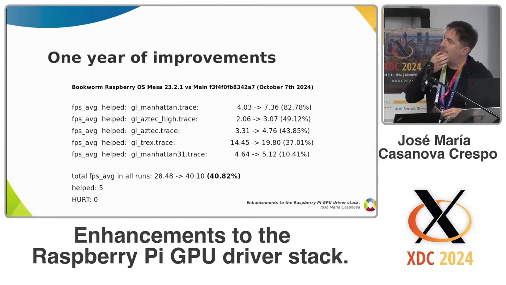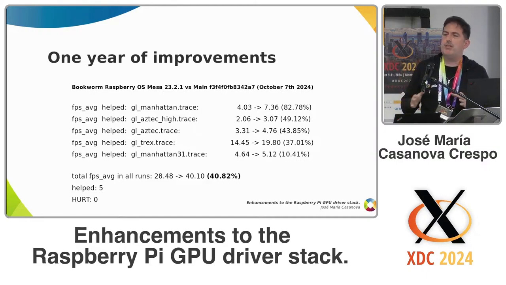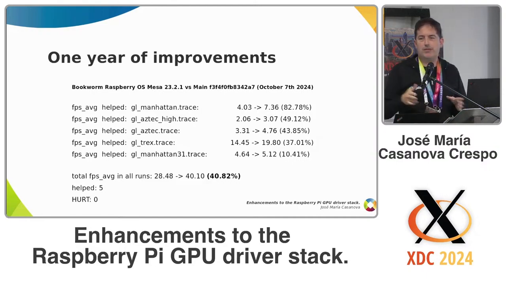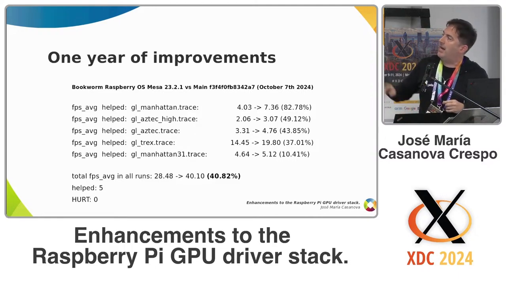This showcases the difference in performance in the average frames per second from last year, the Mesa version installed in the Bookworm release of Raspberry Pi OS, and the current Mesa from two days ago. I was getting that collection during the flight to Montreal.